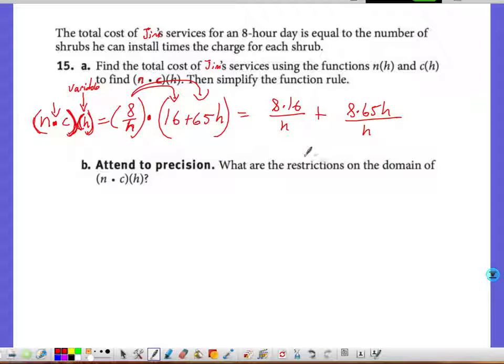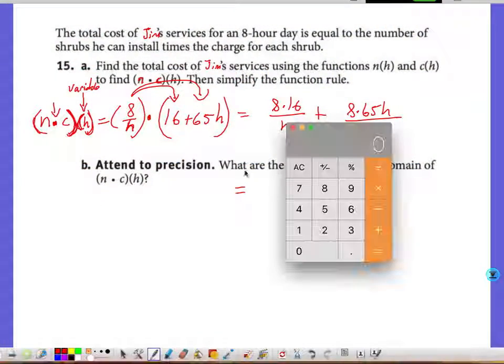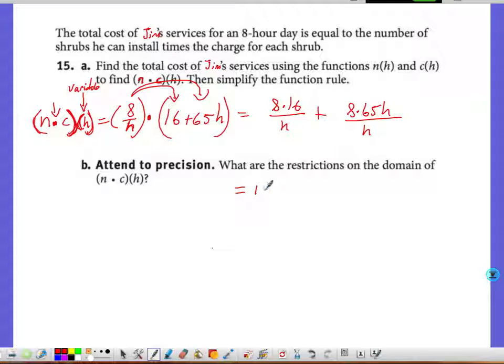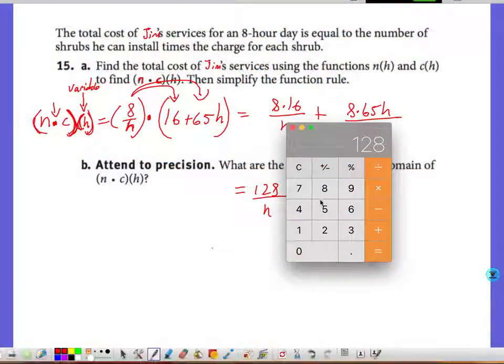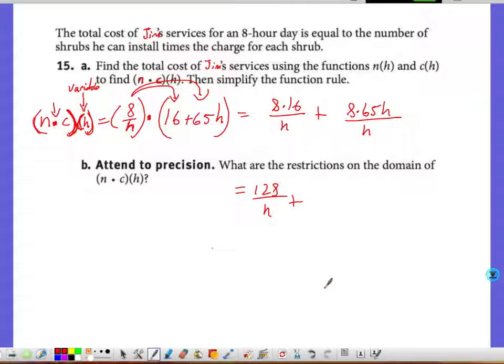I distribute the 8 over h, and now I can go ahead and simplify, which I'll write down here. 8 times 16 is 128 over h, plus 8 times 65, and that's going to be 520.